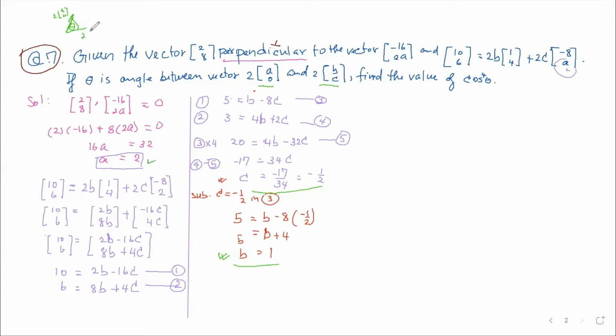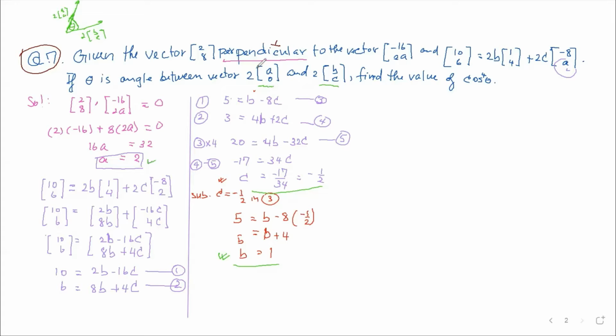And this one is going to be 2, B, C like this. When these two vectors come here, this one is going to be theta. We don't know if it's acute or obtuse, but the definition is theta is the angle between these two vectors.